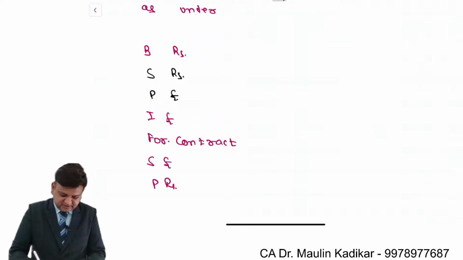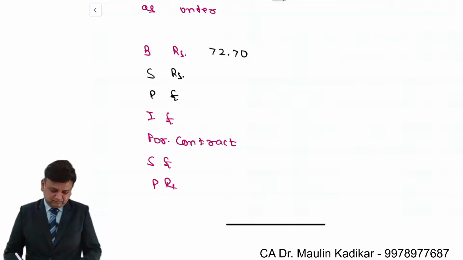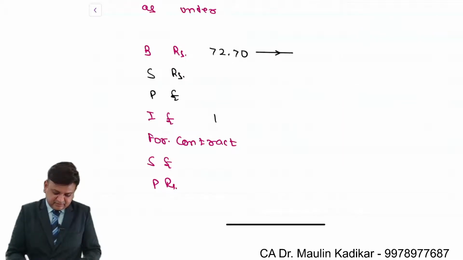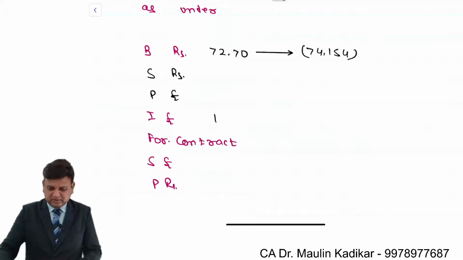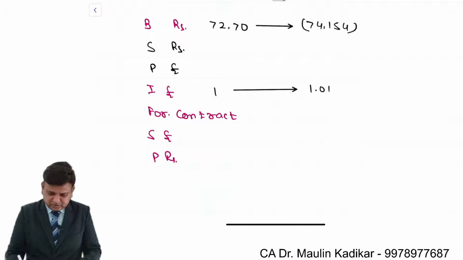In borrow rupees it is 72.70. Then you sell that amount of rupees and you get a pound and you invest in a pound. So this is the liability that you will have, 74.154, and this is the asset that you will have, 1.0125.